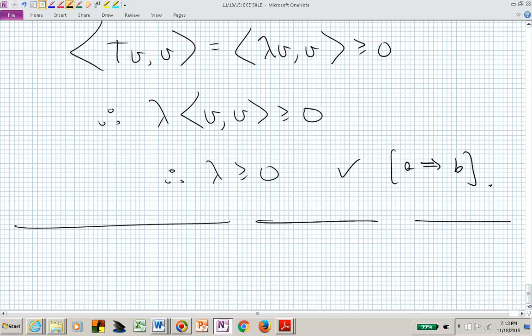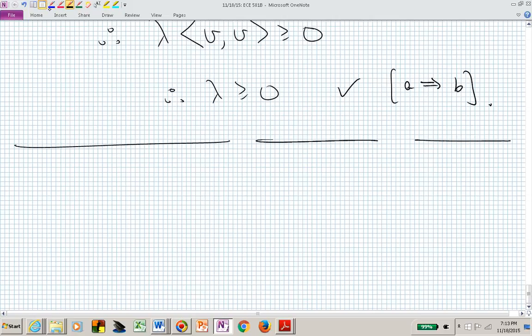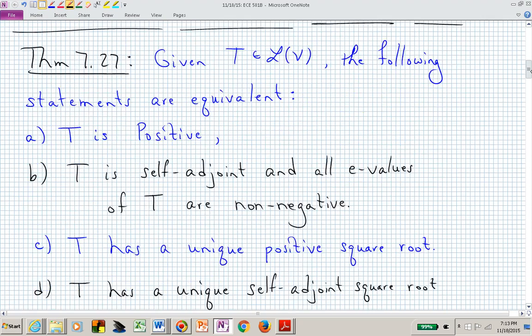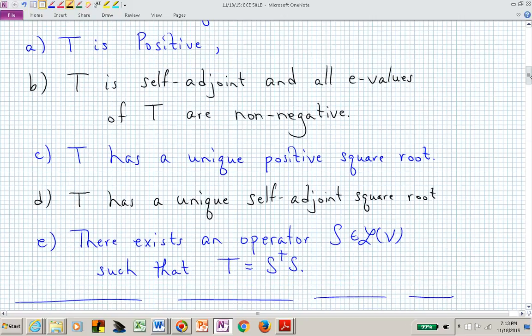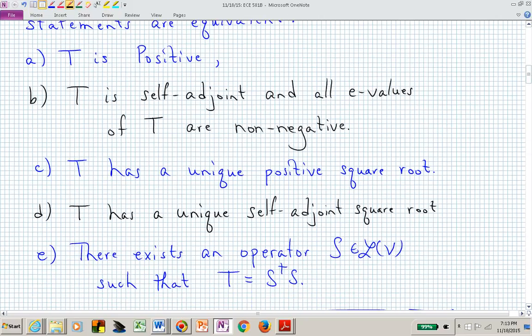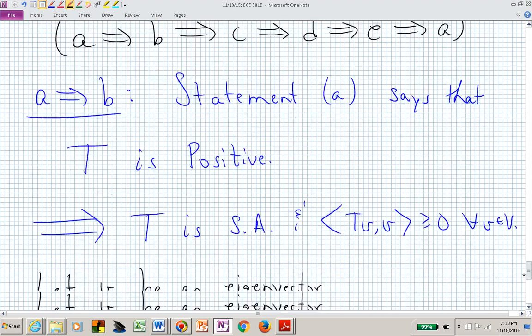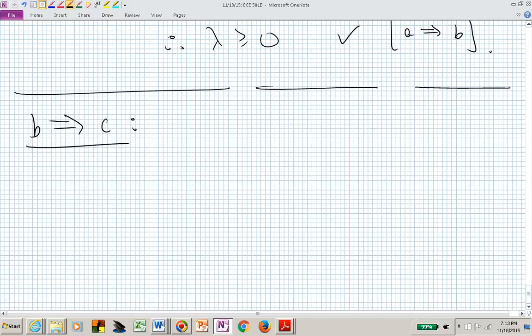Now that we have statement B, let's show that B implies C. B was, again, that T is self-adjoint, and all the eigenvalues are non-negative. Let's see now if T has a unique positive square root. Or let's just say a square root. So now we're given that T is self-adjoint.